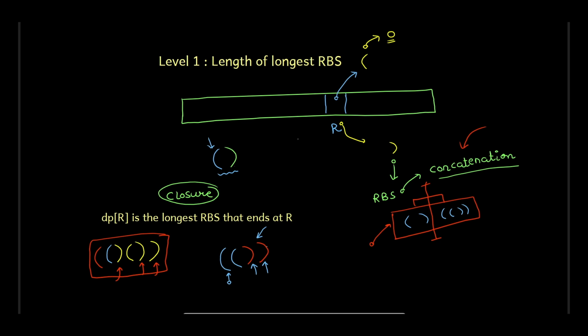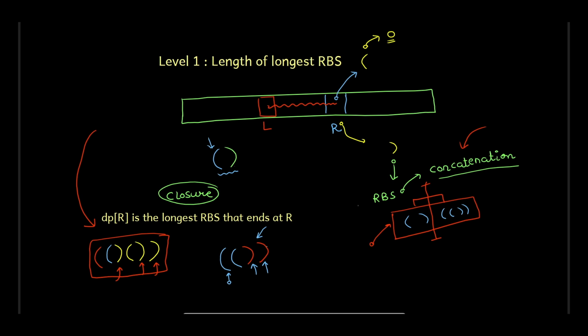So how do you compute the DP transitions? Suppose this is the smallest closure point. Suppose this is the nearest L that creates a substring L to R that is a closure. This means closure substring means it contains all the matching pairs inside it.